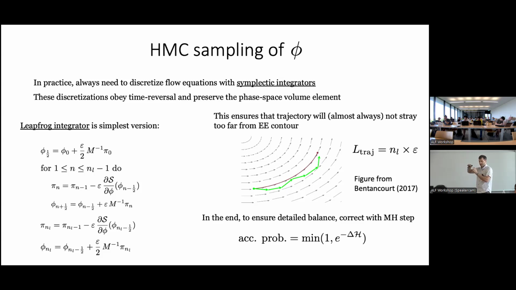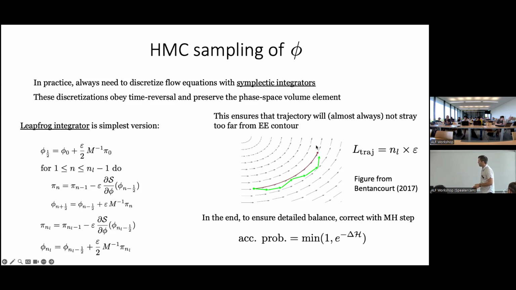It's like you're always sampling some Hamiltonian system that's very close to yours, so you're always flowing along equal energy contours that are approximately this. Since you can't squish it very much, otherwise you would change the phase space volume, this guarantees that you will almost always not stray very far from this equal energy contour. It's a way of making sure that you stay on course.